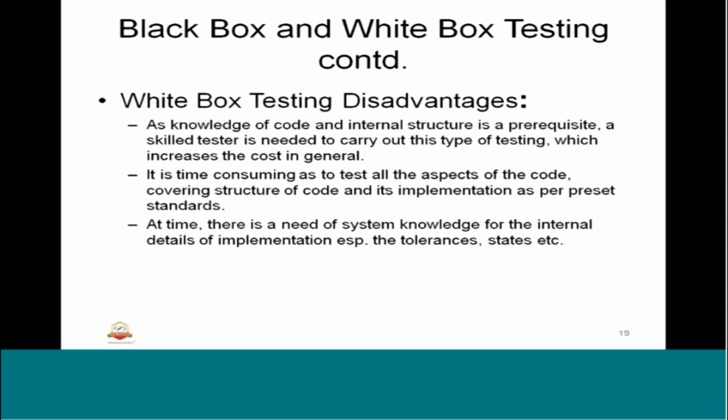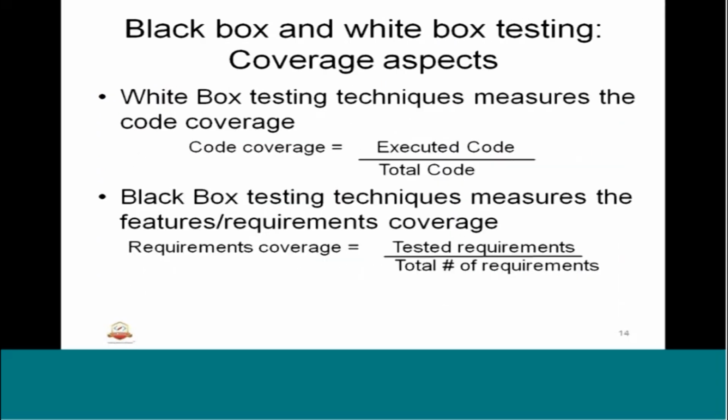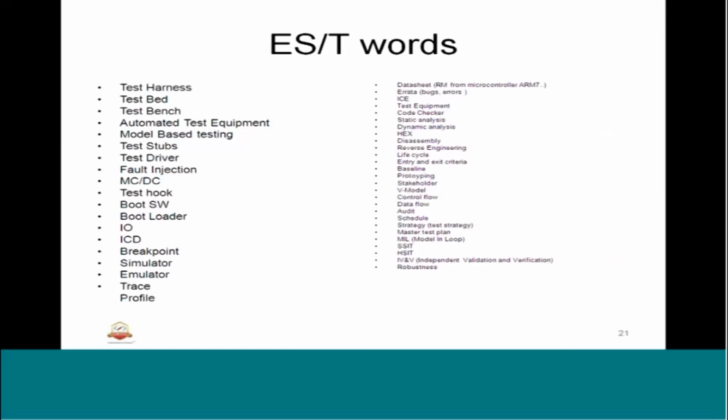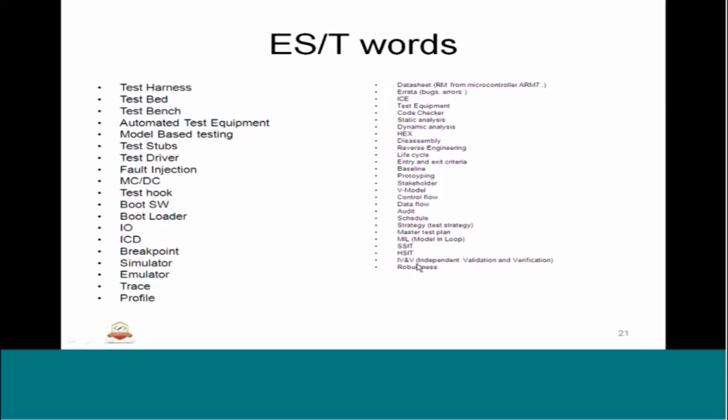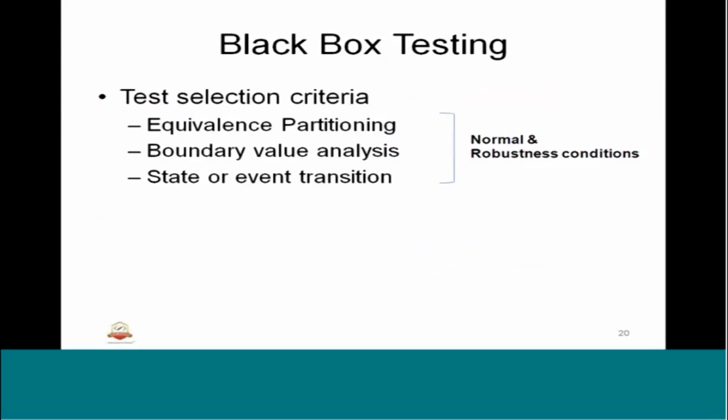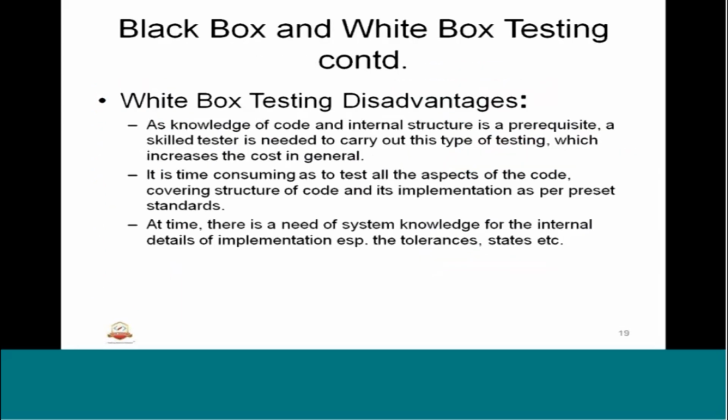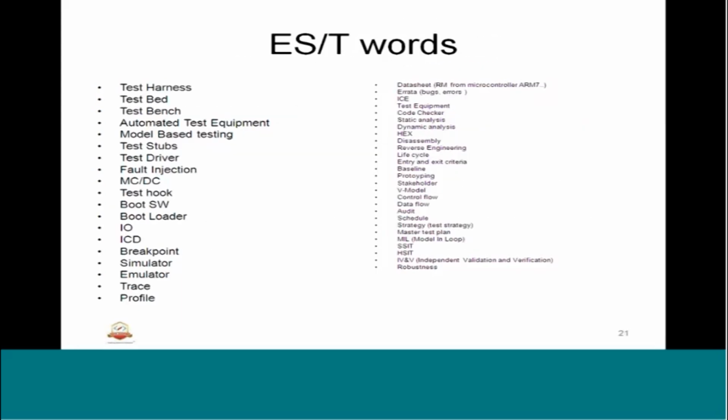As we complete this class, we will go through some of the words, embedded software testing or development words that we have added: SSIT, HSIT, and IVNV, independent validation and verification, which is today, robustness. Any other words that we want to add, we can do it. I think white box, black box is not there.